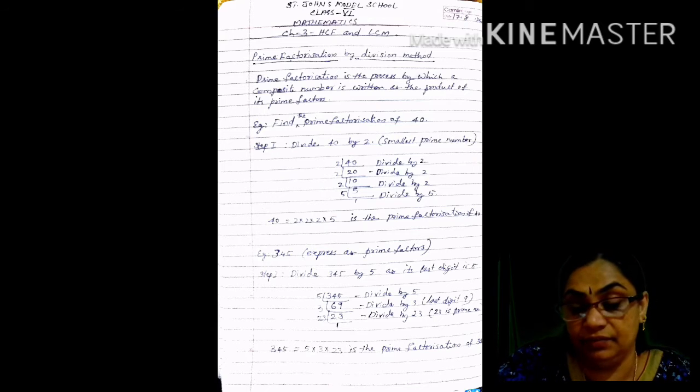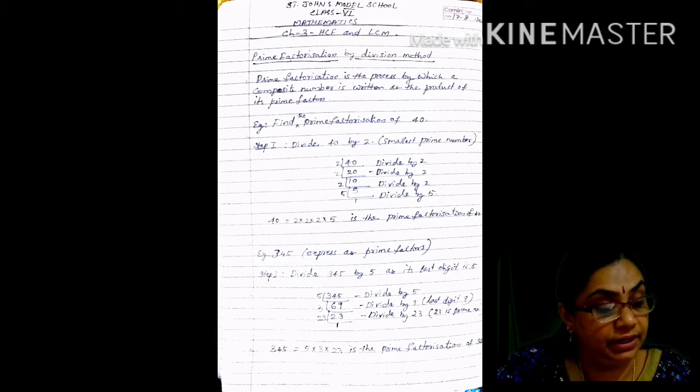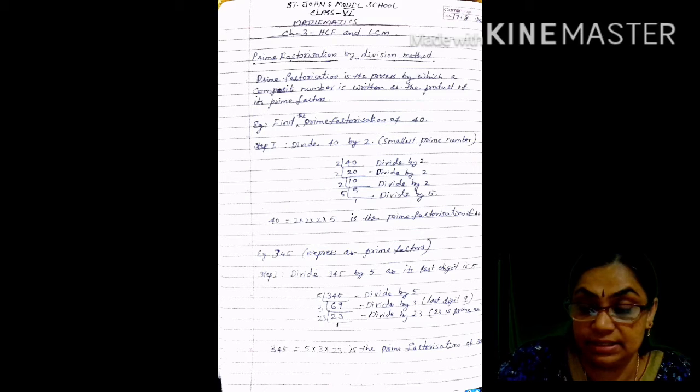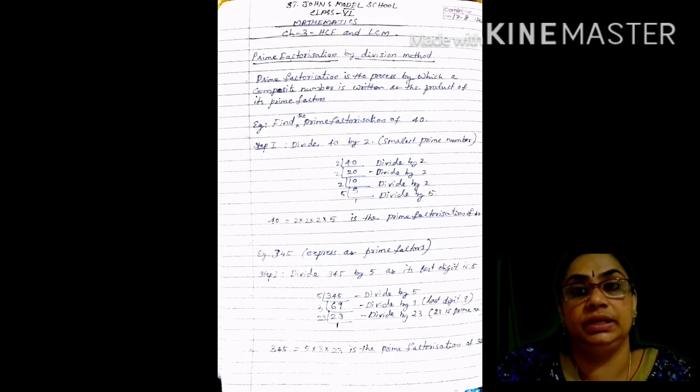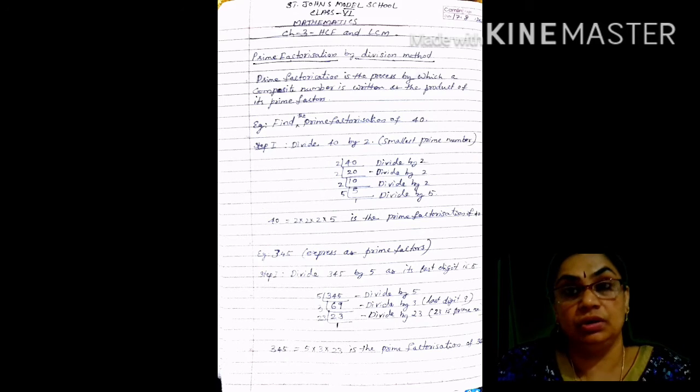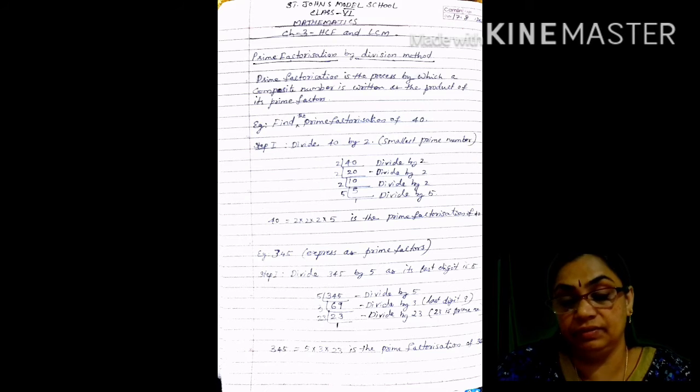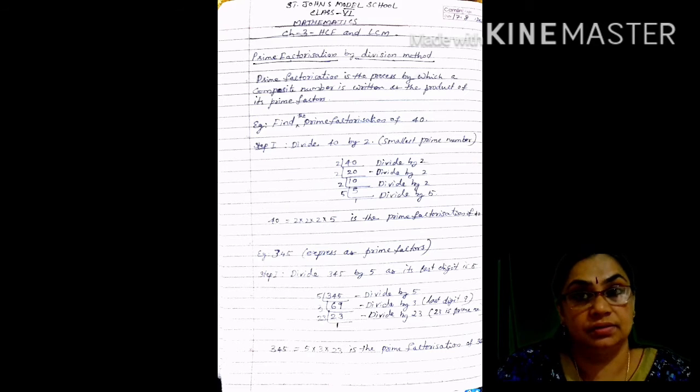345 divided by 5, you will get 69. Now 69 has 9 as the unit place number. 9 is not divisible by 2 or 5, because its last digit is 9, an odd number.